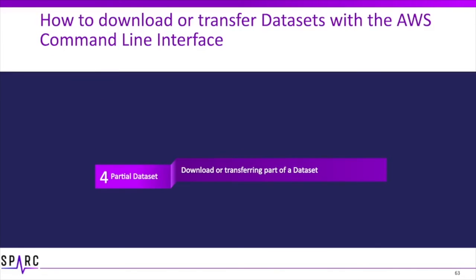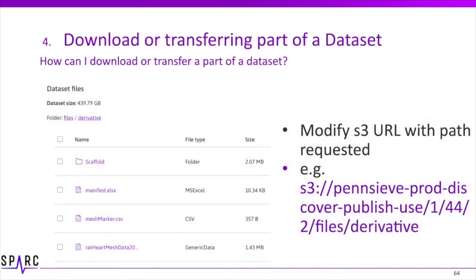In this final example, we will show you how to use AWS to download or transfer part of a dataset from Spark. On the Spark portal, navigate to the Dataset Details page for the dataset you wish to download, and using the file browser, navigate to find the path of the dataset folder that you wish to download specifically, or the dataset file.